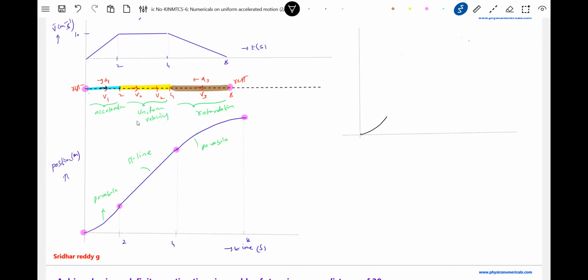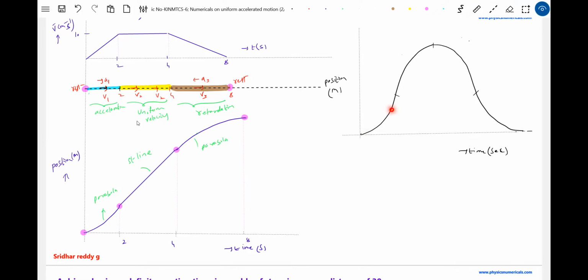I'll give it from here. Okay, here there's a curve. If somebody plots a position versus time graph, it is. Okay, the different parts of a curve.